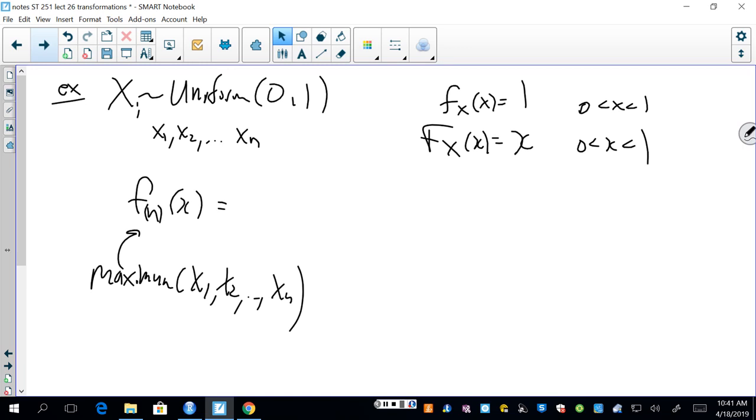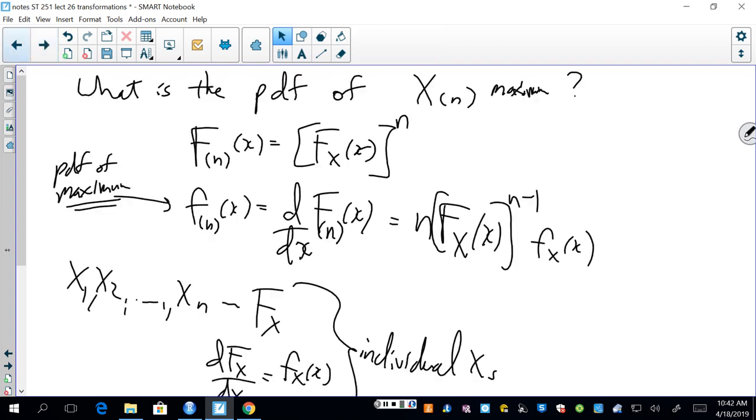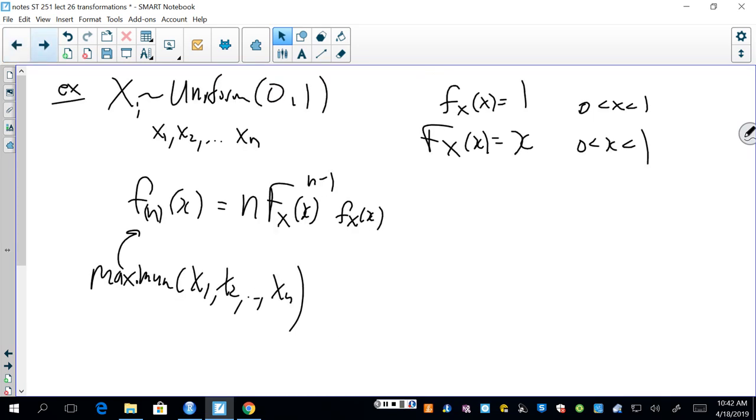The formula says you take n times the cumulative distribution function, that thing raised to the n minus 1, times the density. So in this case, it's just n times, well, the cumulative here is x, raised to n minus 1. And then the density is just 1.